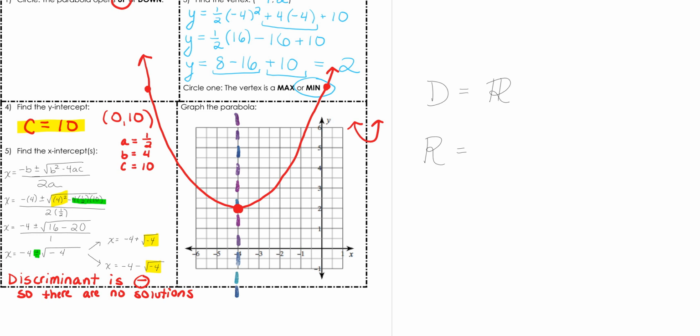Our vertex is at 2. It's not going to go below 2, so we need to write an inequality that says it's 2 or higher, because it does go up. So we write y, our y values, is greater than or equal to 2.